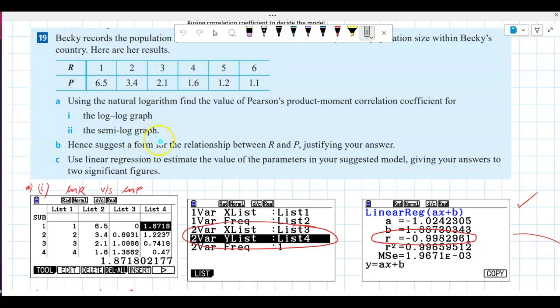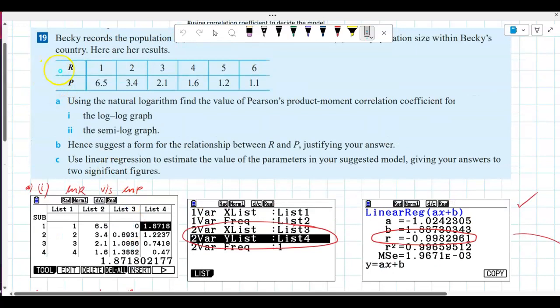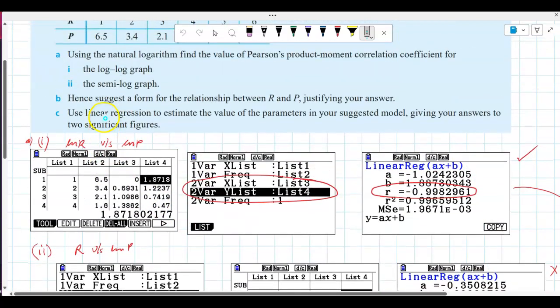Semilog, what will you do in semilog? R versus ln P. Remember, your y is always ln, so ln P you have to take. So this is your R, and your ln P is in list 4.